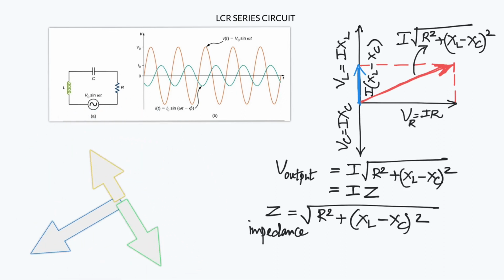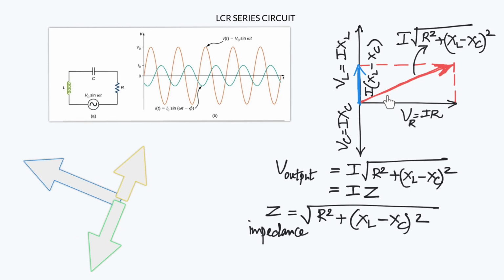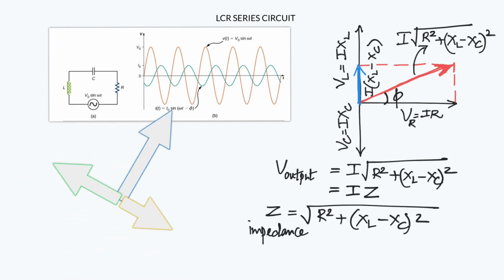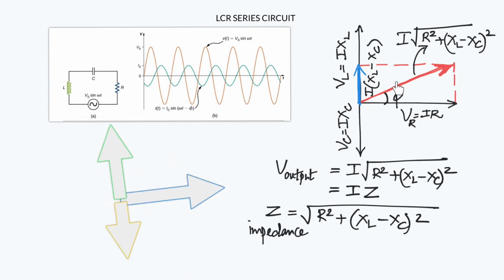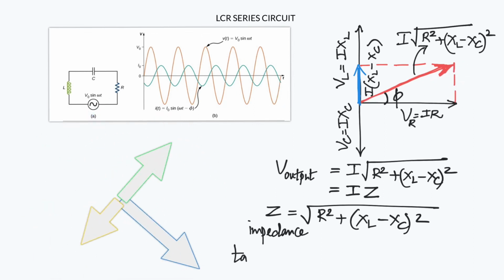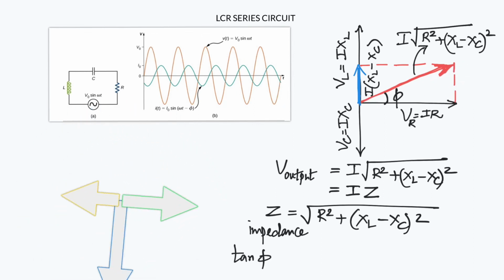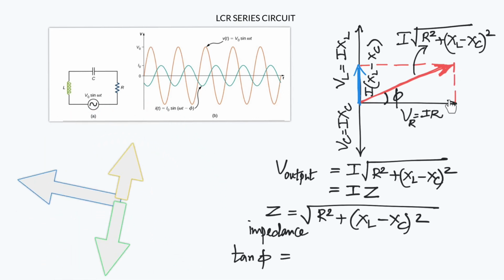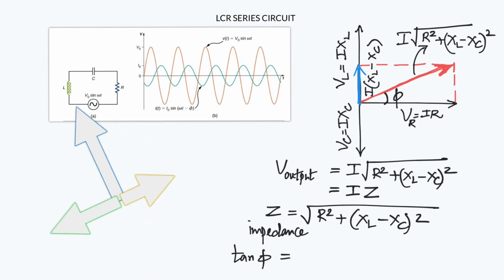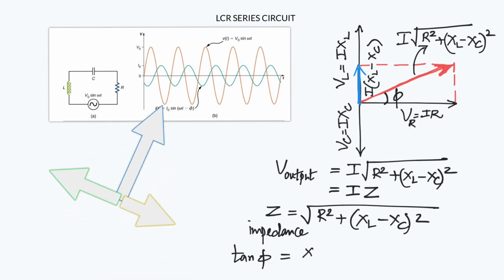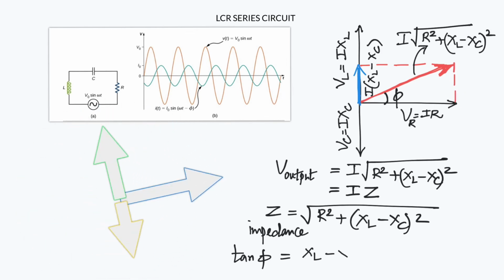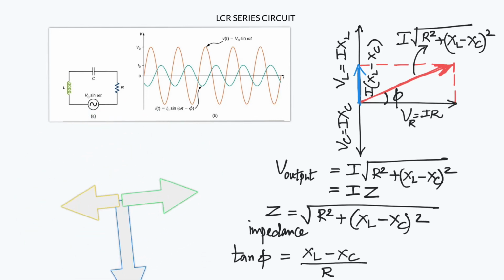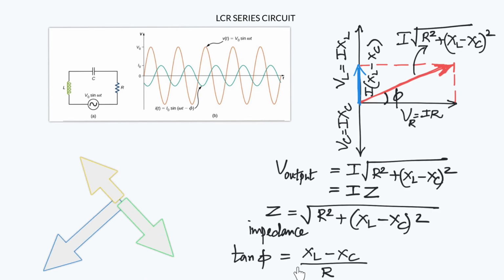We can also find this angle here, phi, by just taking this triangle and taking tan phi. So tan phi is going to be opposite side by adjacent side. We know that the opposite side is I (XL minus XC), and the adjacent side is I times R. The I's get cancelled, that's why I've not written them here.